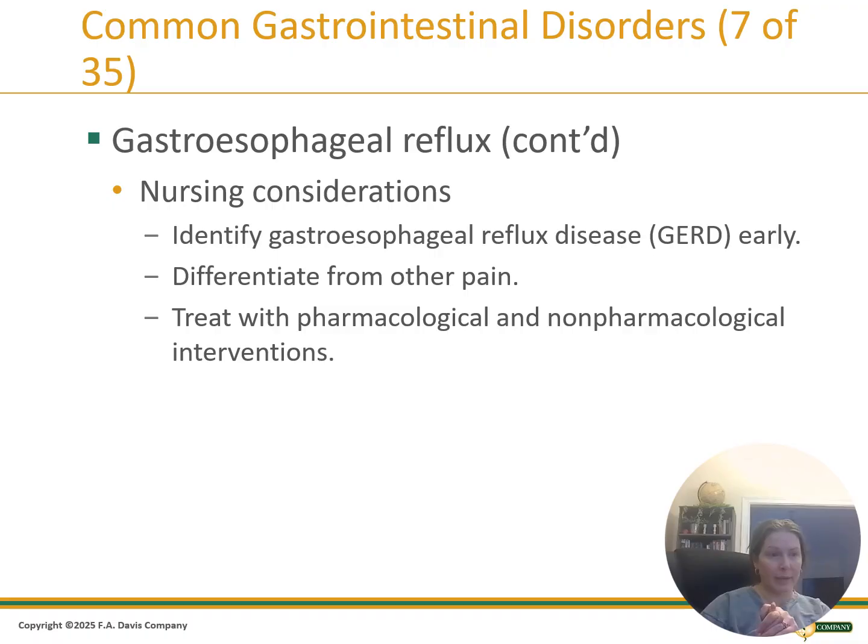We want to maximize our non-pharmacological interventions first, and then if needed, move on to pharmacological. So again, we're going to teach the parent about positioning and feeding modifications, so smaller, more frequent meals.